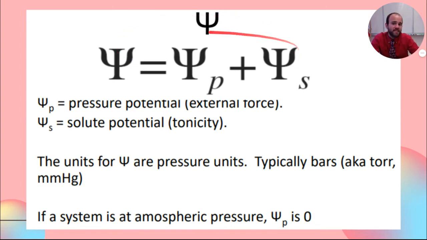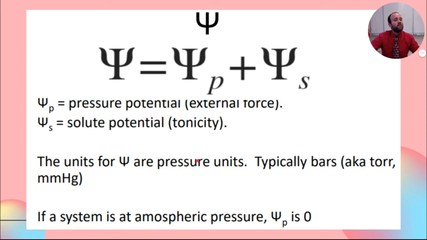So this is going to be our basic equation. We're going to use psi here. And I love that we use psi because it's a trident shape, and Neptune, king of the seas, big on water potential, has a trident. And we're going to be using bars, which is a pressure unit, to talk about water pressure.